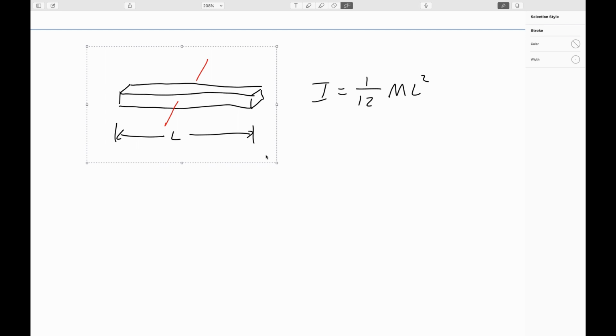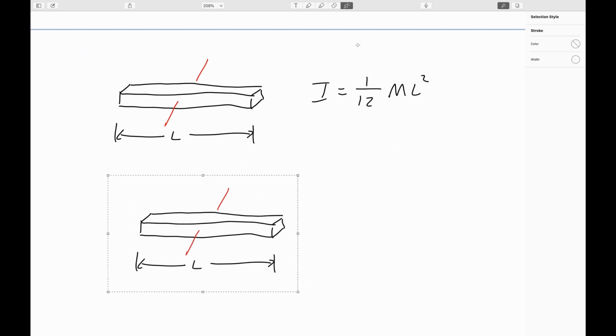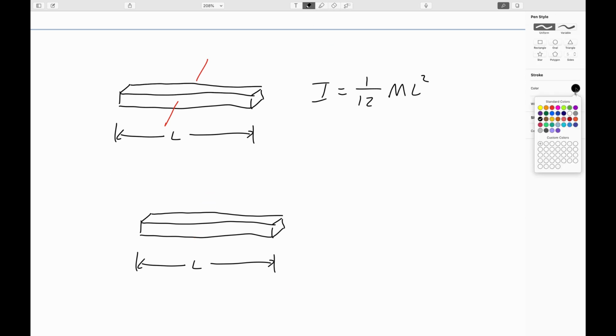And where you choose to rotate it matters. You can then go and look in these very same tables, and often they will have also computed it for what if you twist it around the edge of the rod like so. And it turns out in that case, the answer is 1/3 ml squared.